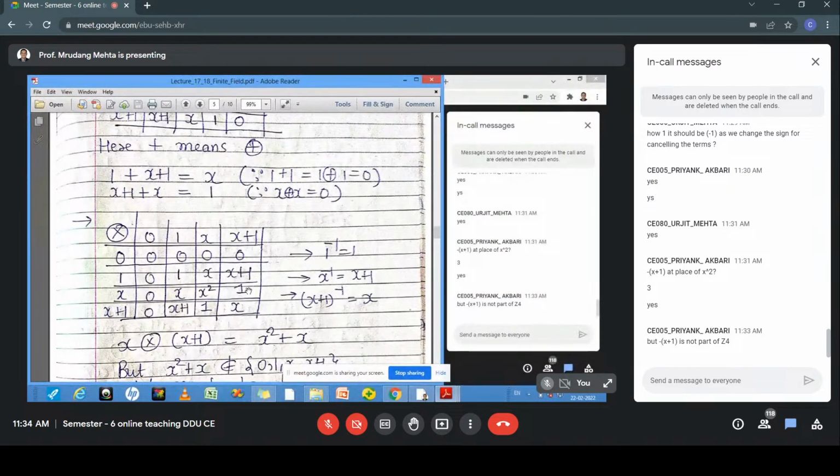We don't have a minus value here. We have XOR. We have not defined minus. Our minus and plus both are XOR. Clear?